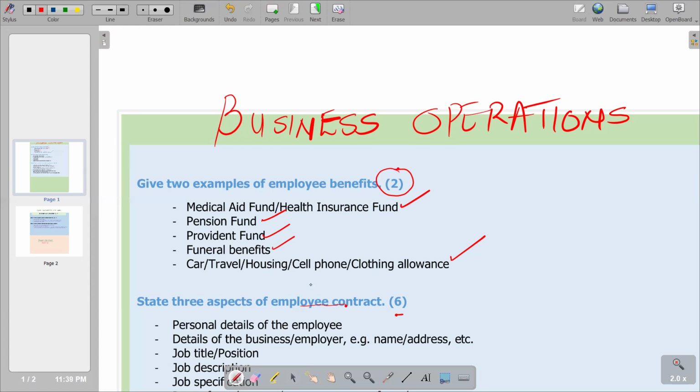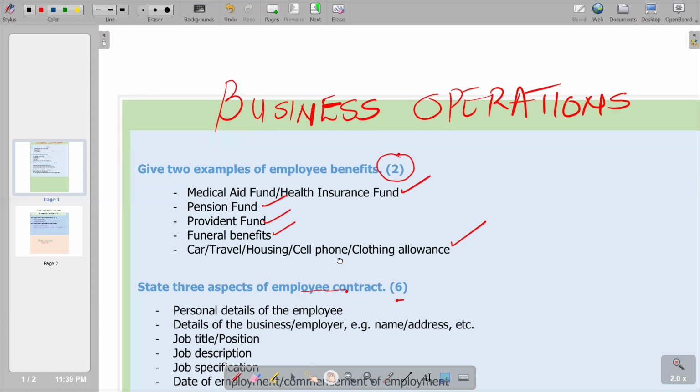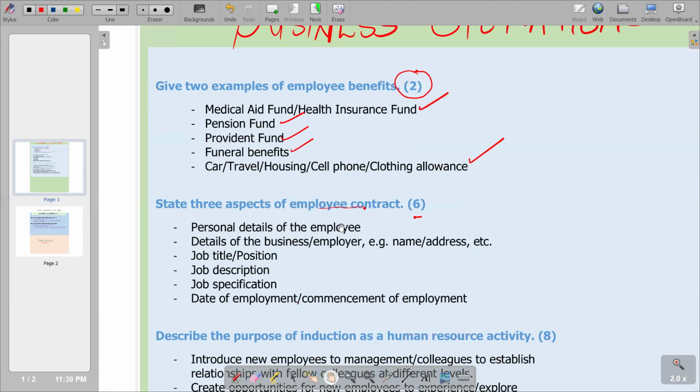And now, in terms of the aspects, these are components that we see inside the employee contract. So going down, you'd see that we have got personal details of the employee, and also we have got details of the business or employer. For example, we've got the name or address, and we have got many others that represent the details.